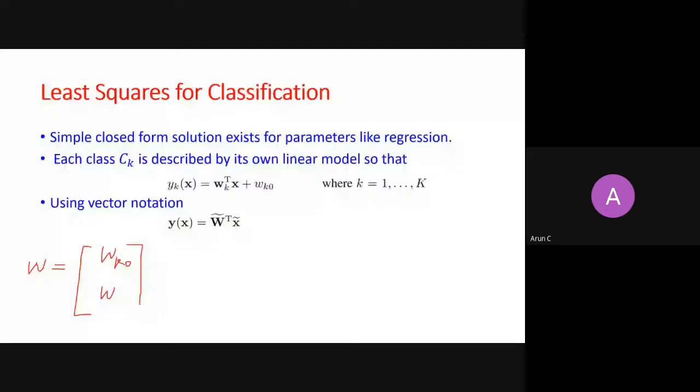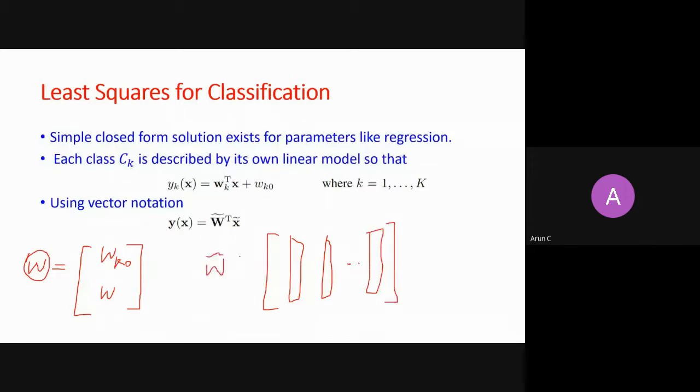I vertically stack them, and it gives me the parameter of one hyperplane. Then I put all my hyperplanes in column-wise fashion: first hyperplane, second hyperplane, and then kth hyperplane. All my hyperplanes are represented by the W tilde matrix.